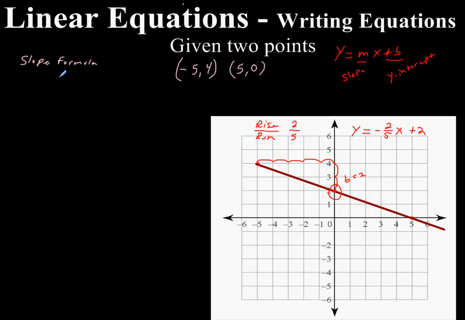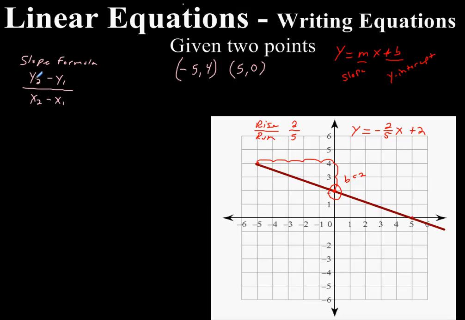Slope formula is y sub 2 minus y sub 1 over x sub 2 minus x sub 1. This is also known as the difference of y's divided by the difference of x's.